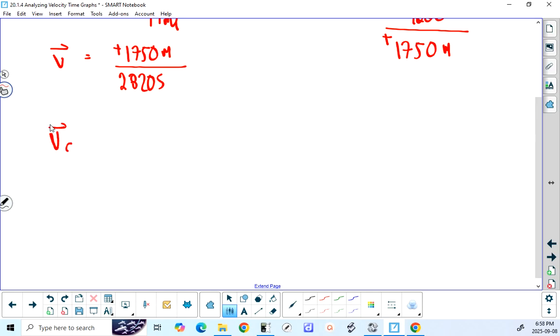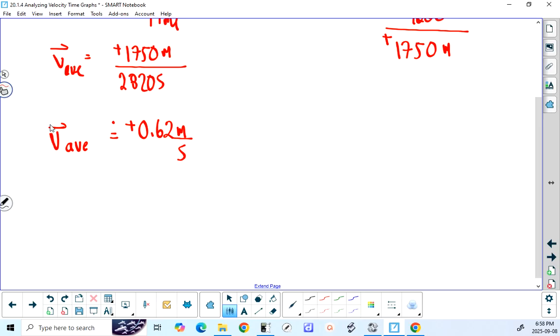So the average velocity, I forgot to write average here, I'll throw it in, is approximately positive 0.62 meters per second. That means, there's a way to explain what that means. I could just say, on average, that's how fast the person moved and the direction they moved in.